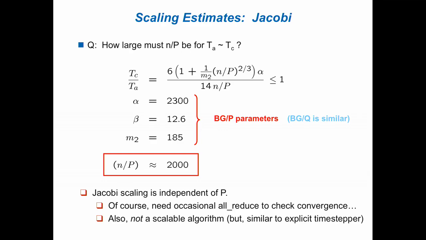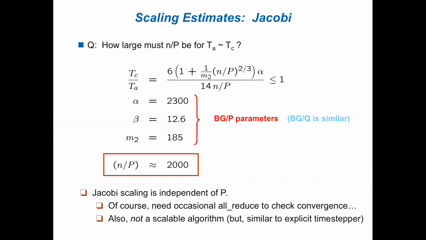So let's ask now, how many points per processor do I need? So for Jacobi, you grind out the numbers. You equate the communication time to the arithmetic time. And you find out for Blue Gene P or Q, you need about 2,000 points. So that's what we saw from our Navier-Stokes solver. Okay.